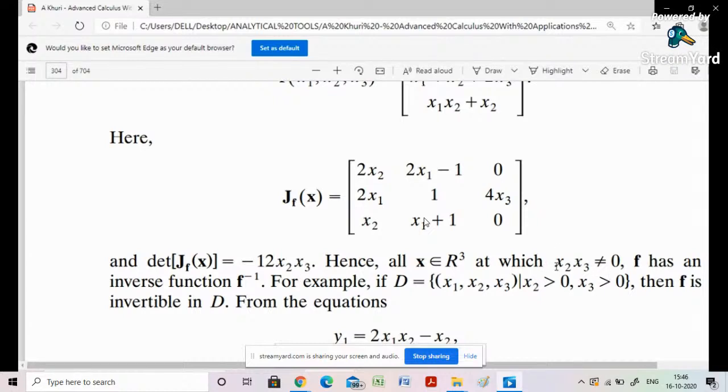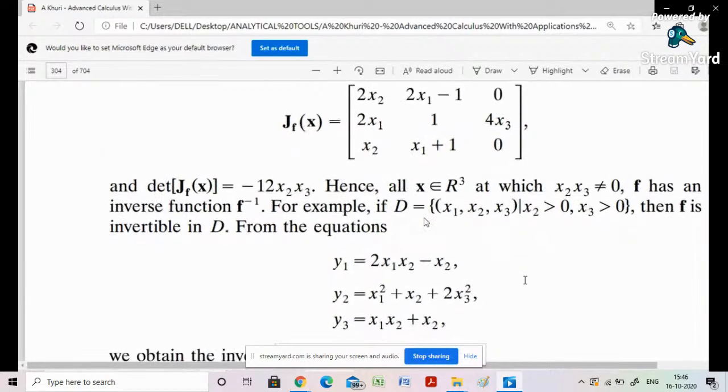So let us take, for example, the domain as the set of all x1, x2, x3 such that x2 greater than 0 and x3 greater than 0. So there is no 0 point, and we can ensure that x2, x3 are not equal to 0. So in this domain, we can find the inverse function.